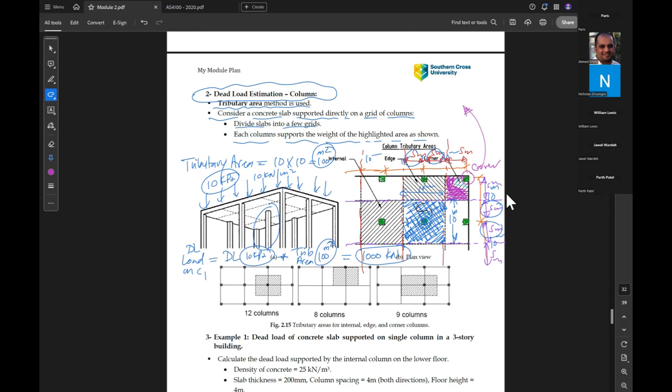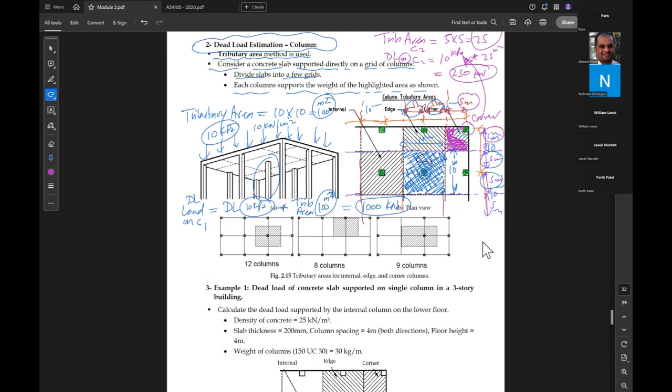So the tributary area for C2, how much is the dimension? 5 by 5, so 25 square meters. So the dead load on C2 will be the same 10 kilonewton per square meter times 25 square meters. How much total? 250 kilonewtons.